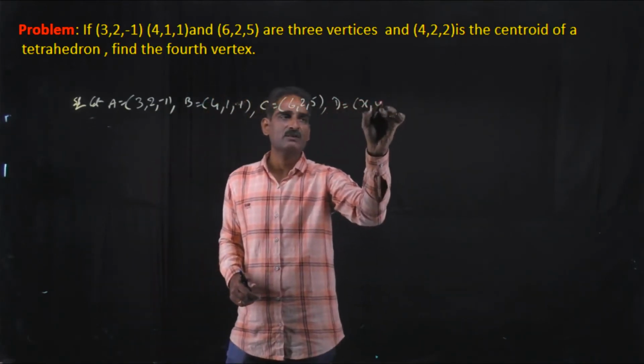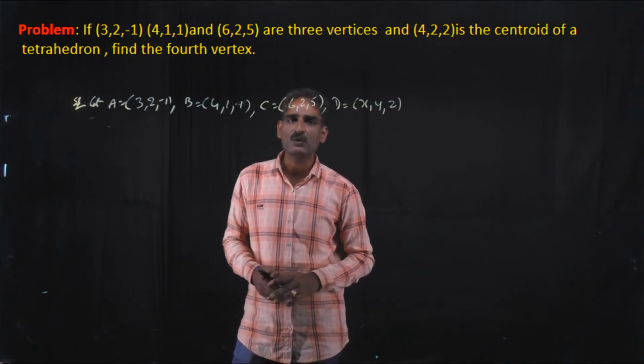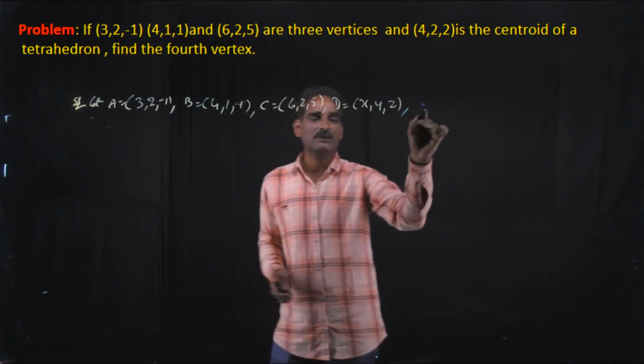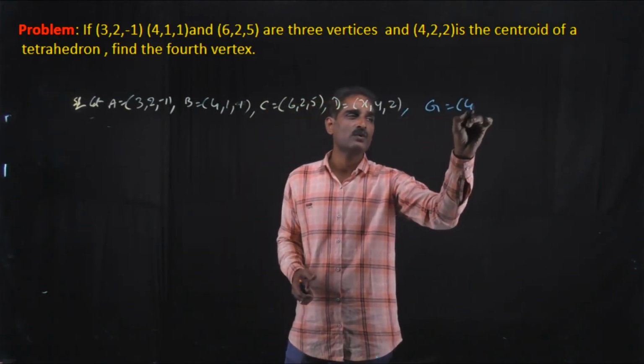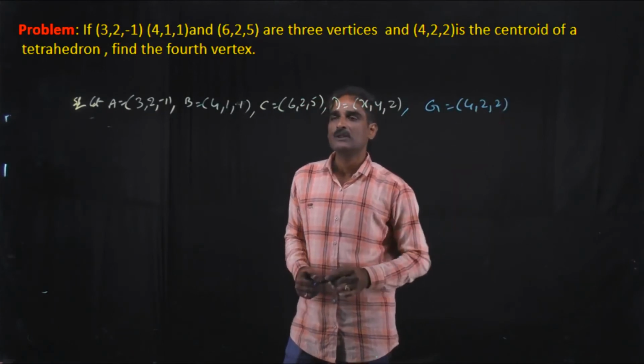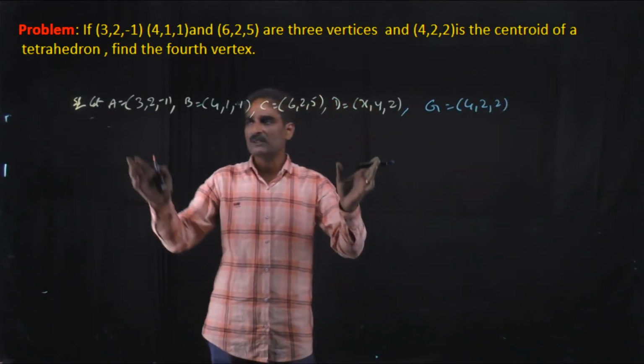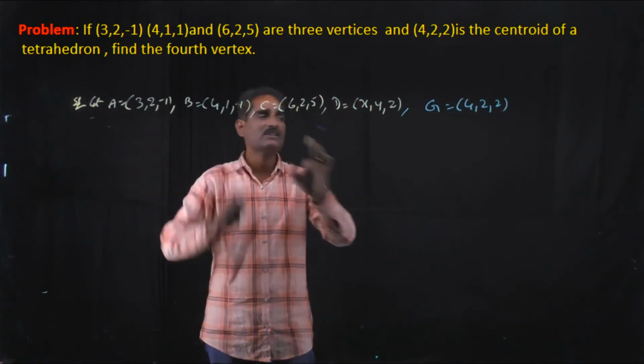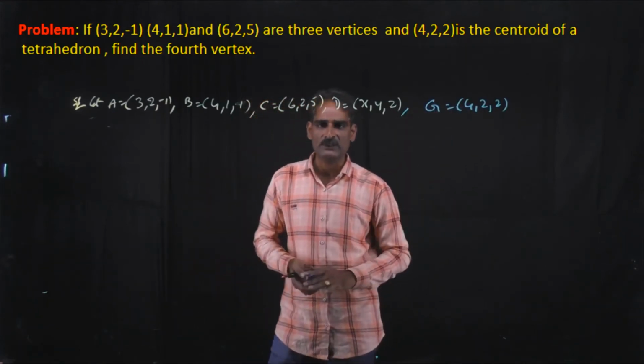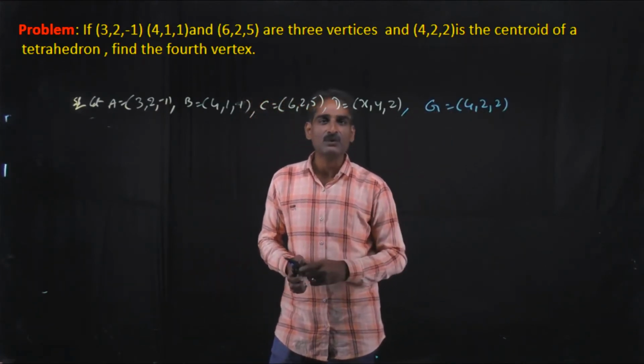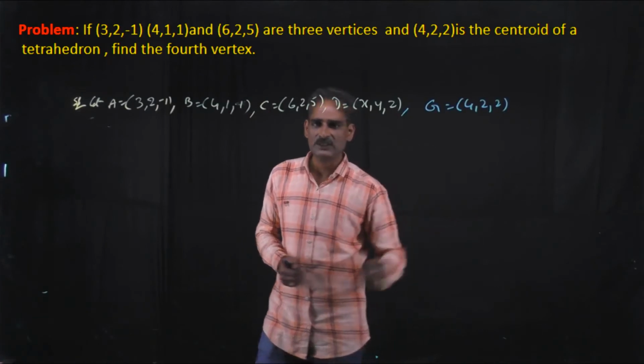Let (x, y, z) be the coordinates of the fourth vertex, and the centroid of the tetrahedron G is (4, 2, 2). Just apply the centroid formula for these 4 points and equate to this, then we will get the coordinates of the point.